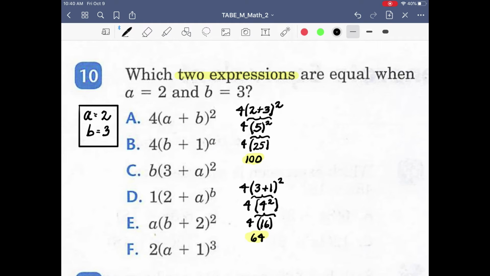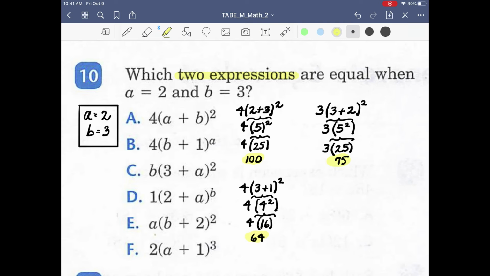Here is C. I have B times 3 plus 2 to the second power. So we have 5 to the second power. That's 25. And then you multiply by 3 to get 75.